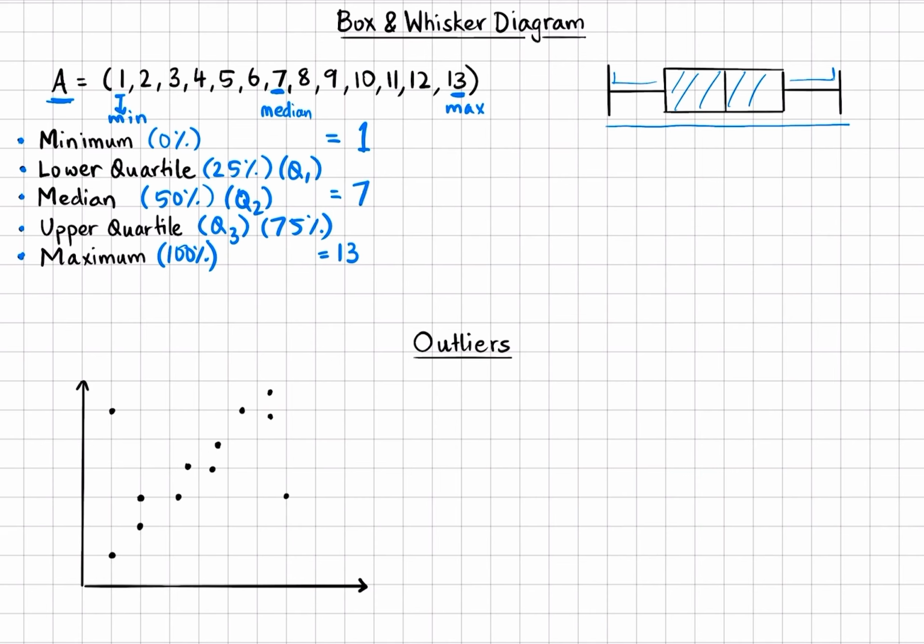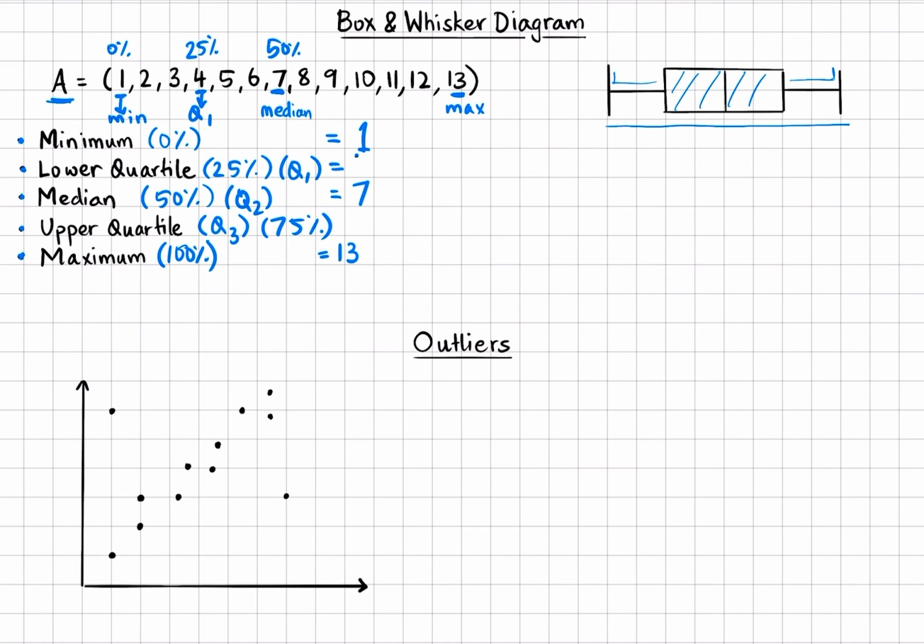Alright, now in between the number 1 and the number 7, the middle number between them is going to be the number 4. So that will be my Q1. That's my lower quartile. So that's 0% here, 25% here, 50% at the number 7.